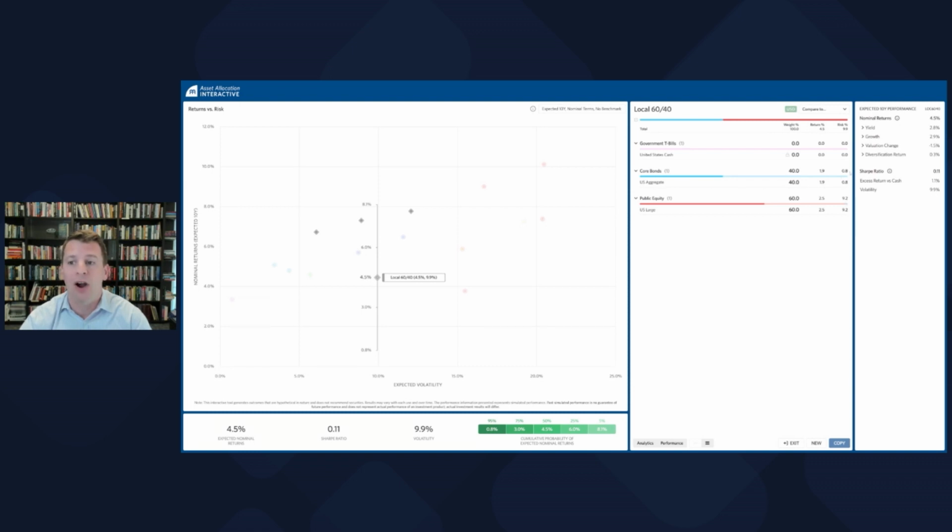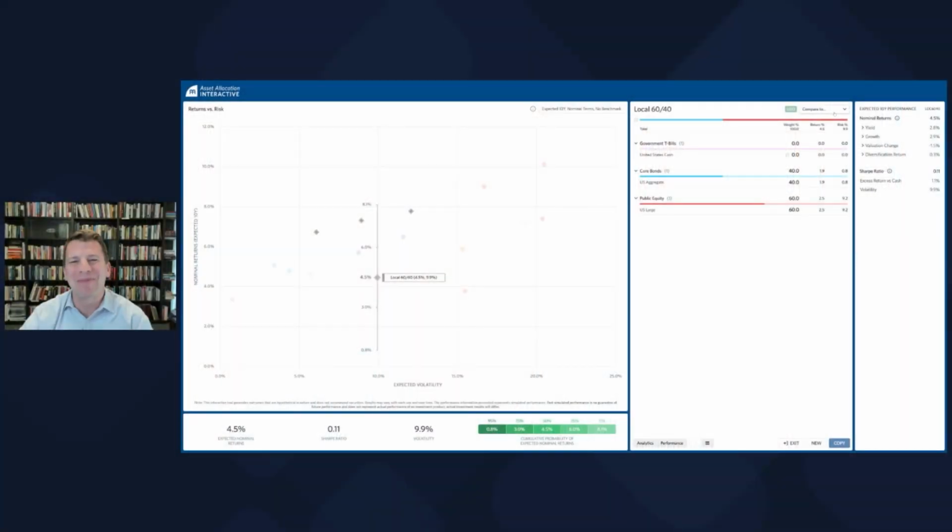The bonds, 40% of the total allocation, represent less than 10% of the total risk. I want to highlight this, starting with a 60/40 focus, because given the trailing strong returns for US equities, a lot of investors are focused on US equities and on a 60/40 portfolio as their go-to, if you will.